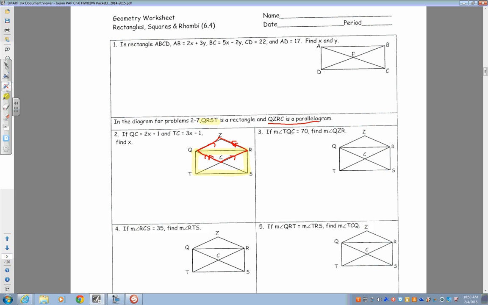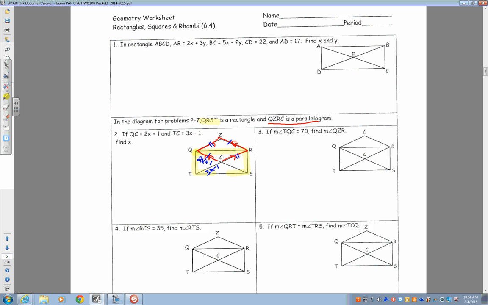Okay, so we're going to use both informations to help us problem solve. So I know that QC, this little side, is 2x plus 1, and TC is also 3x minus 1.